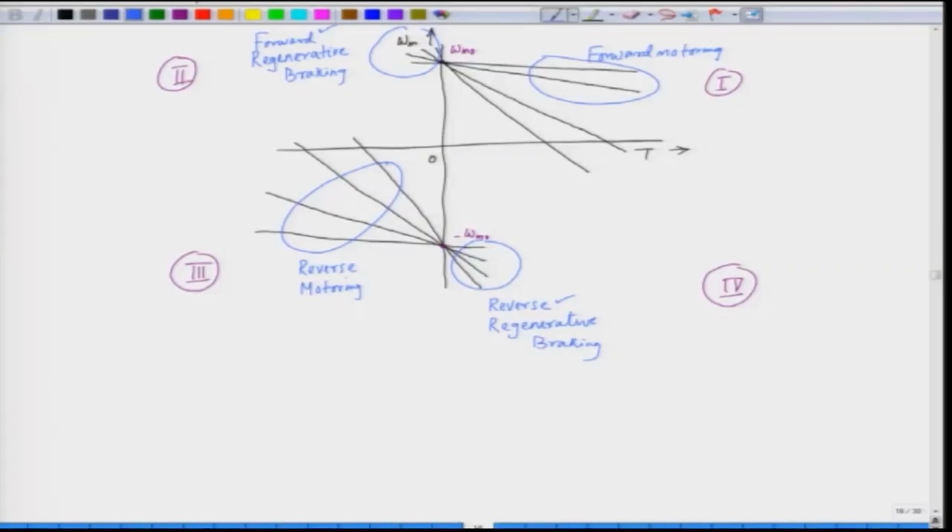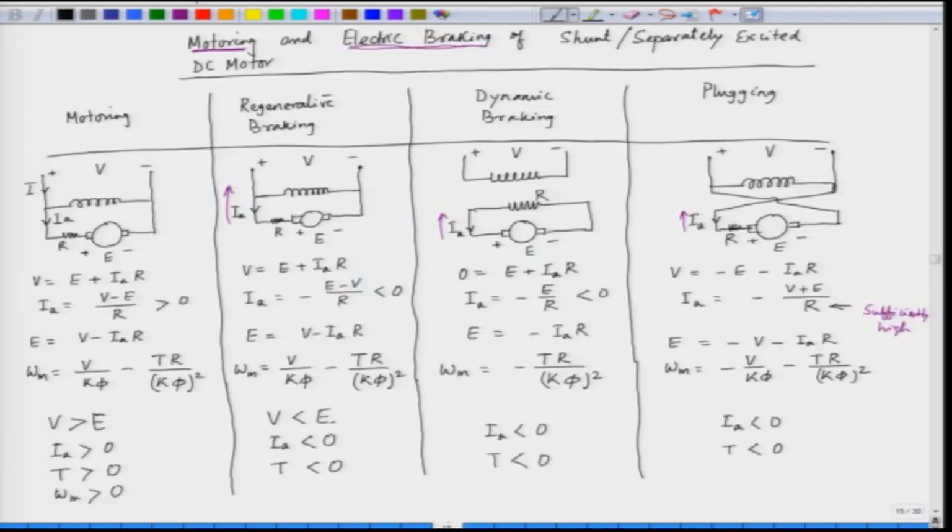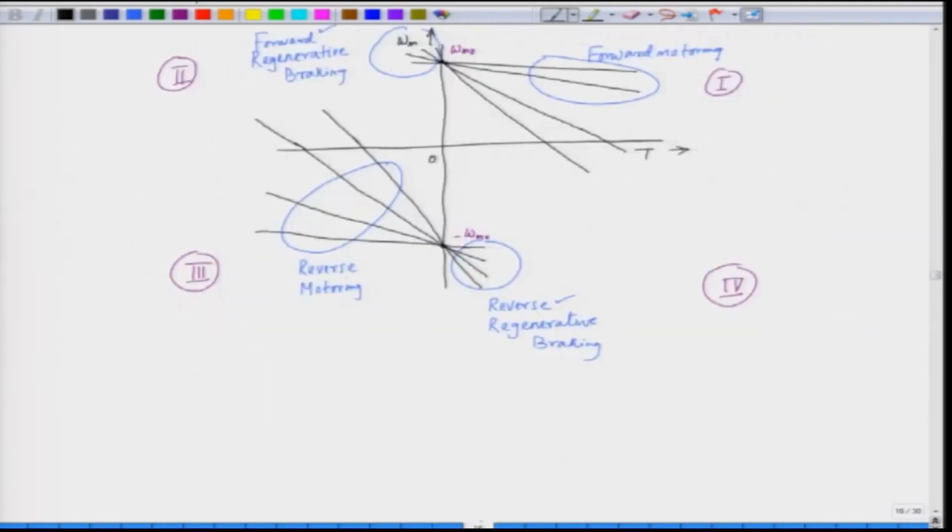Now, the part of the characteristic which is appearing here. If we go back to this equation, it is actually the equation in the third and second quadrant. So, this is corresponding to plugging. When the no load speed is negative, we extend it to the second quadrant, we get plugging.